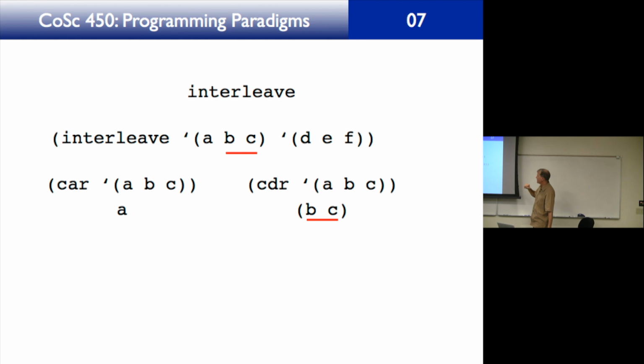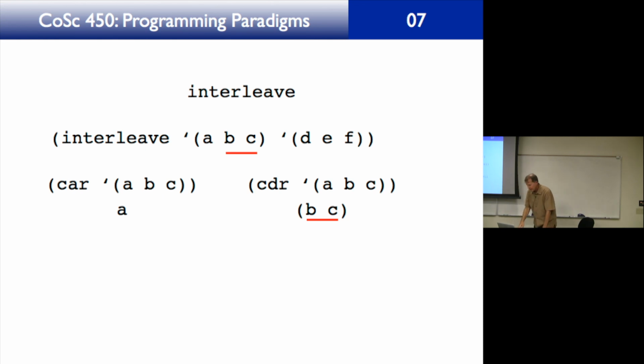Well, tell me, what's going to be the recursive one? Yeah, something's going to be flipped here. What we need to, if we interleave DEF with the what? With the cooter of the first one.